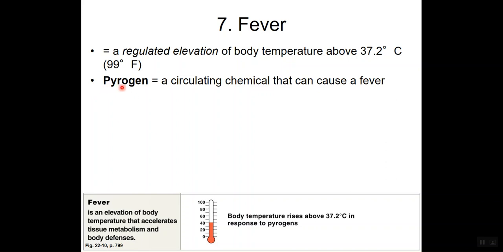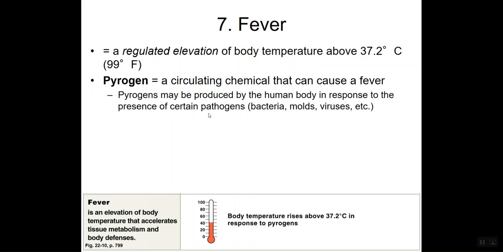Pyro, fire; gen, create or start. Fire starters. Basically, that's what pyrogens are. They could be endogenous pyrogens that are made by you in response to fighting off whatever's infecting you, or the pyrogens might actually be chemicals that are released by the pathogens themselves, as opposed to ones that you made.